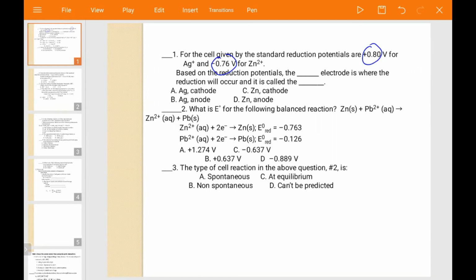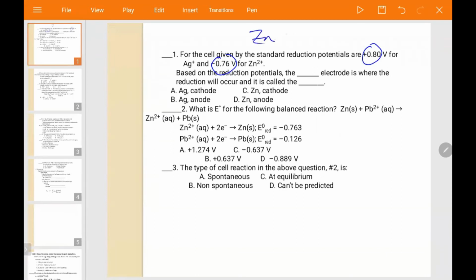So which one has the least reduction potential? Negative 0.76 volts is less than 0.8. Respectively, 0.8 is given for silver reduction and negative 0.76 is for zinc 2+. So from this, what can you understand about zinc?